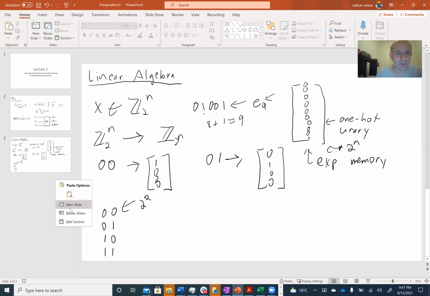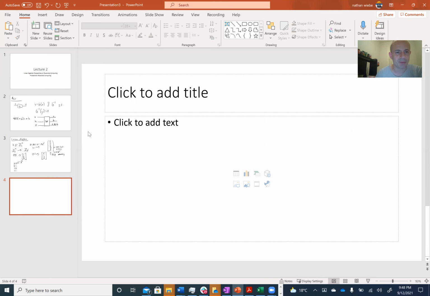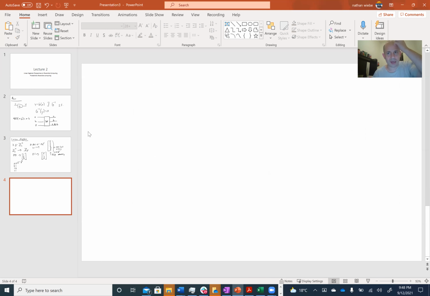Now, this process that I mentioned for associating every bit string with a unit vector, there's actually some really elegant ways that this can get built or bootstrapped off of the fundamental binary representation. So let me just give you an example, right?